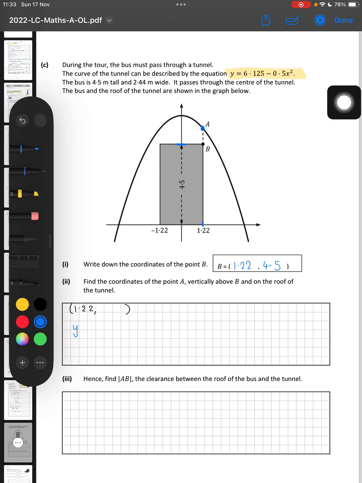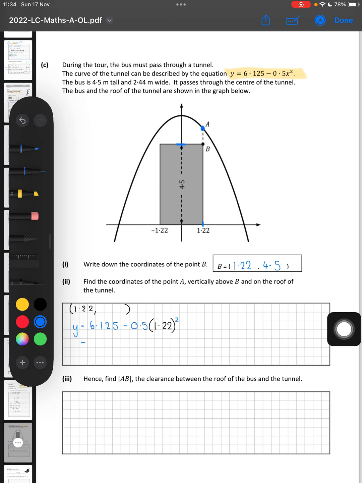So I get that equation. So y is 6.125 and I am taking away from that 0.5 times x squared, so 1.22 squared. Remember, if you're doing this out bit by bit instead of doing it in your calculator, that squared part, that's an indice. So in BIMDAS, that comes before this multiplication here.